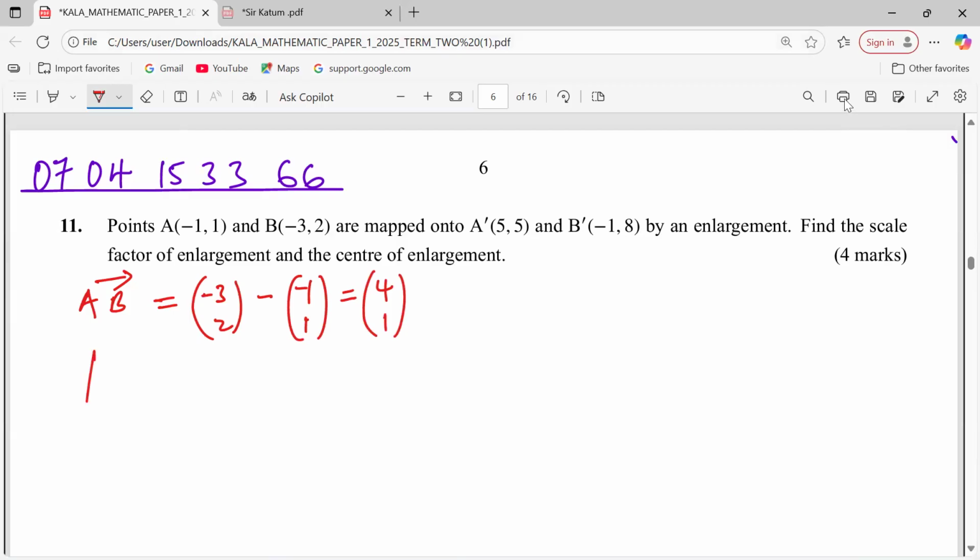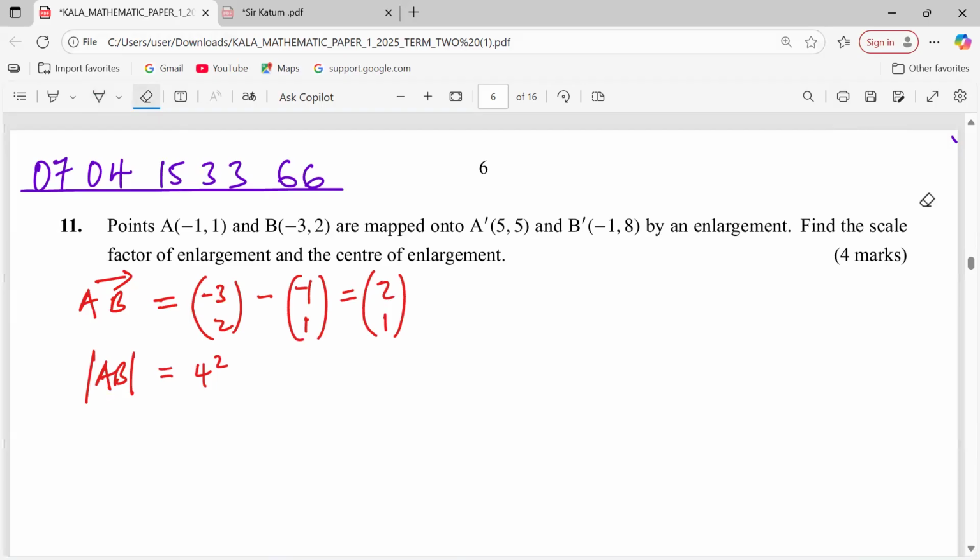So if we want the magnitude of vector AB, let me check again. -3 minus -1 becomes -3 plus 1, which is -2.